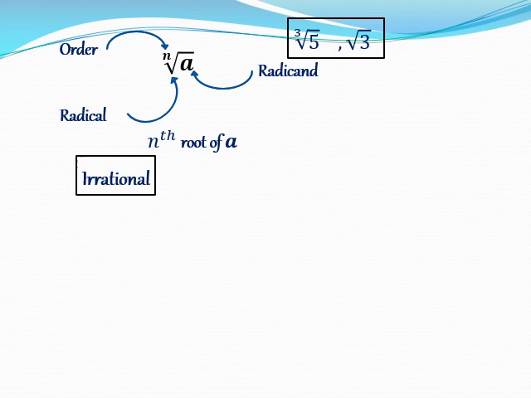Now we see what a rational root of a positive rational number means. Numbers like cube root of 5 and square root of 3. The answer we get is irrational and the base is positive rational numbers. Just like here, the base is 5, that is positive rational number, and here base is 3, that is also positive rational number. But overall the result of these numbers are irrational.